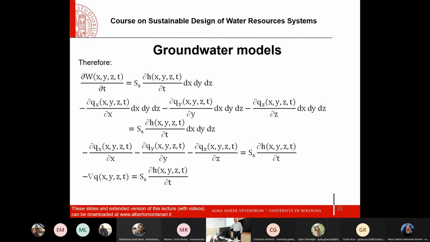So the change in volume is given by the variation of hydraulic head minus the flows along the 3 directions. And then I go on the web page after this one.